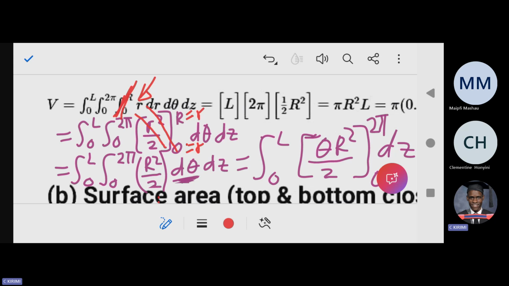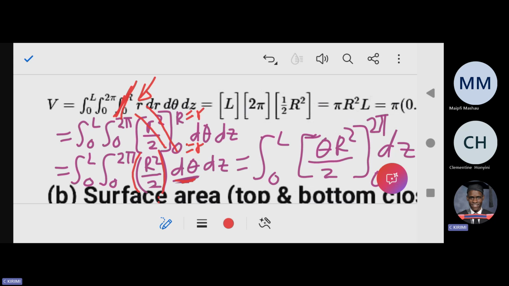Then what are you left with? You are left with this bracket now, which is r squared over 2. You do the same. When you repeat again, we are integrating now with respect to theta. R squared over 2, integrate it with respect to theta. We are just adding theta because when you differentiate theta r squared over 2, you are going to get r squared over 2 with respect to theta.